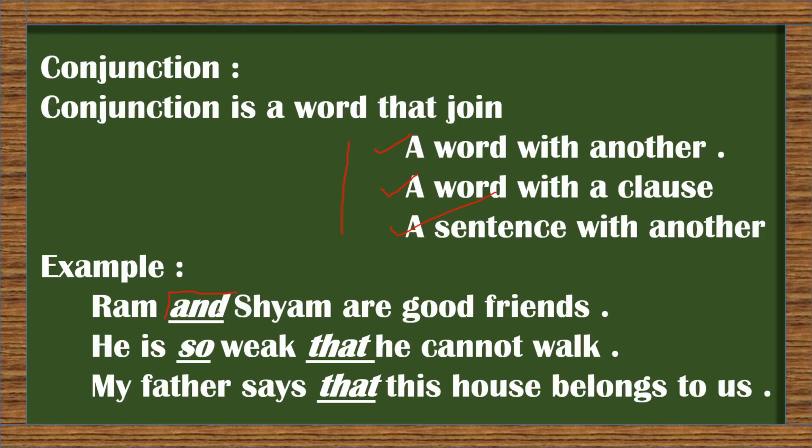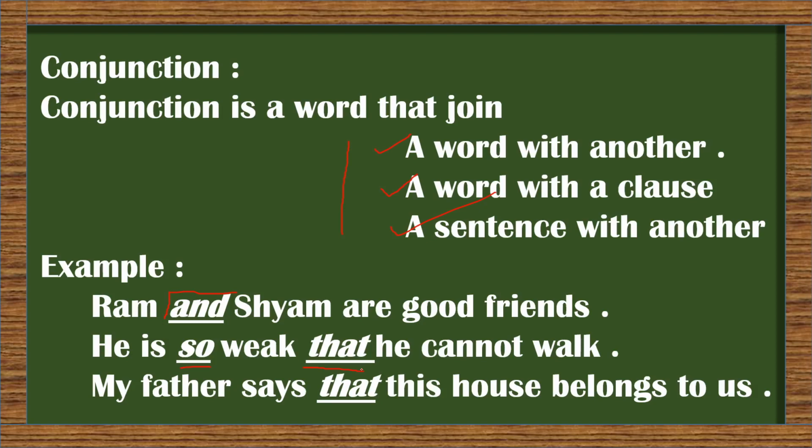Next, he is so weak that he cannot walk. Here, so and that are conjunctions. Next example, my father says that this house belongs to us. Here, that is a conjunction which connects or joins two sentences: my father says, and this house belongs to us.